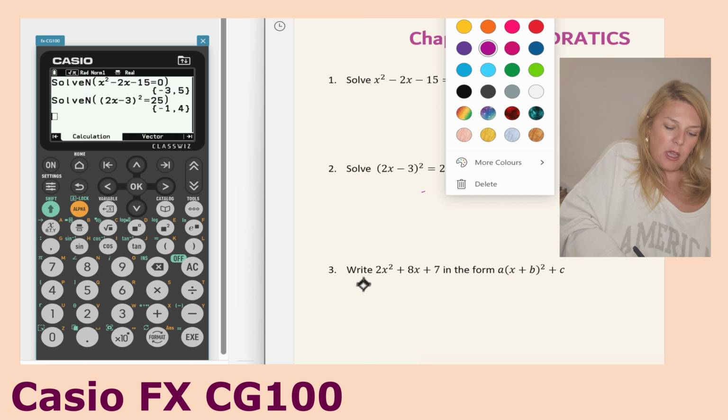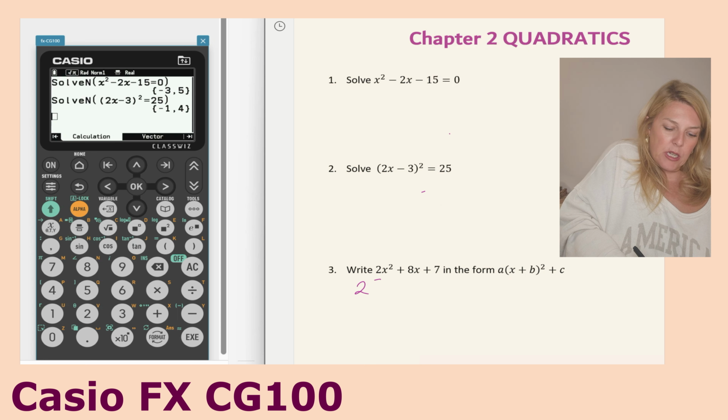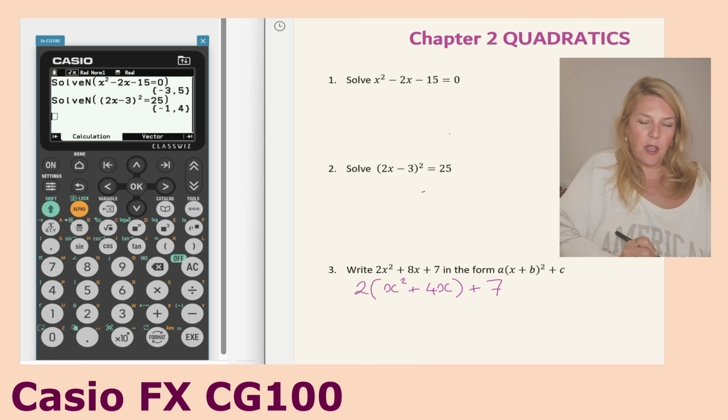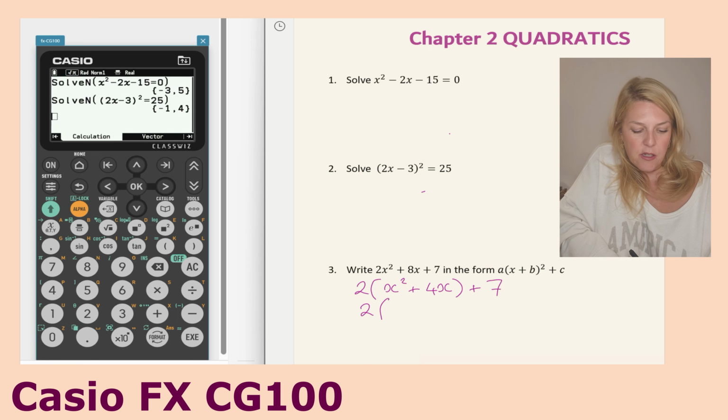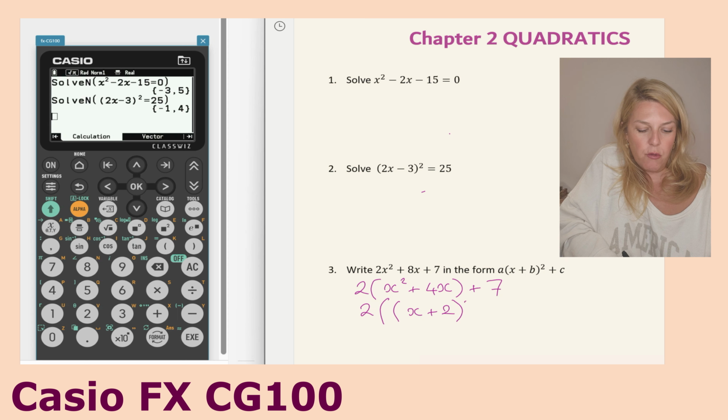Yeah. And so I would do that by taking 2 out of the first 2 terms, like that. And then completing the square of what's inside this bracket. So I'm halving the 4, completing that square, and then subtracting 2 squared.